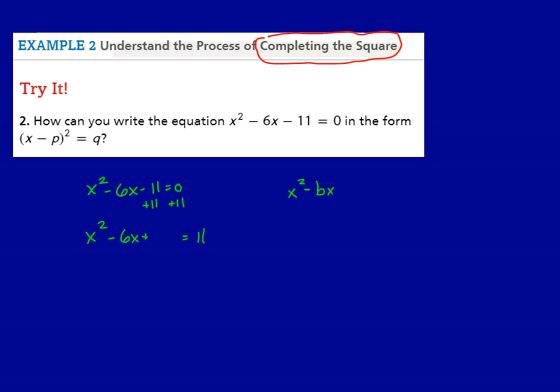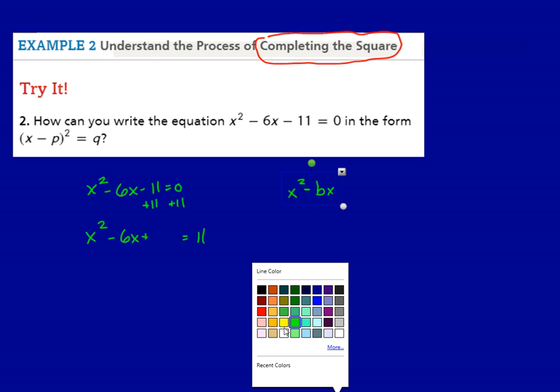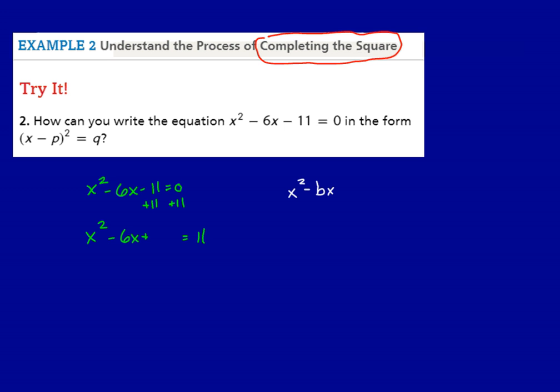Let me change the color on that so it's a little bit easier to see the differences here. If we want to complete this square, we add b over 2 squared. We cut b in half and we square it.